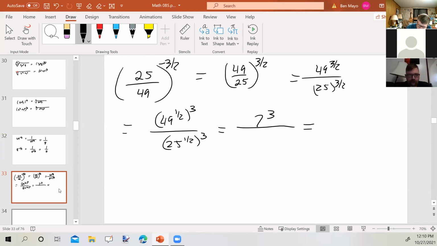So we get 7 cubed. 25 to the 1/2 power is 5. So we get 5 cubed. Let's see. 7 cubed, I think, is 343. Let me make sure. 7 cubed. Yeah. And 5 cubed is 125. And no, I didn't just calculate that quickly in my head. I've done it enough times to have memorized it.